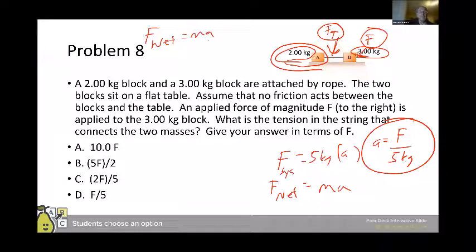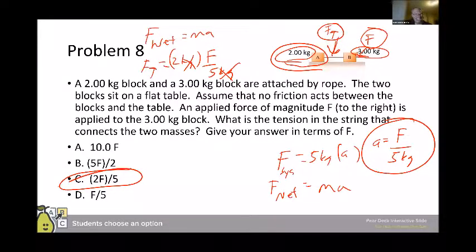The net force acting on that box is that tension because there's no friction acting on it. The mass of that box is 2 kilograms. And that box accelerates the same as the whole system, which is F over 5 kilograms. Kilograms cancel. And that means the tension in that rope is going to be 2/5 times F, which is C.